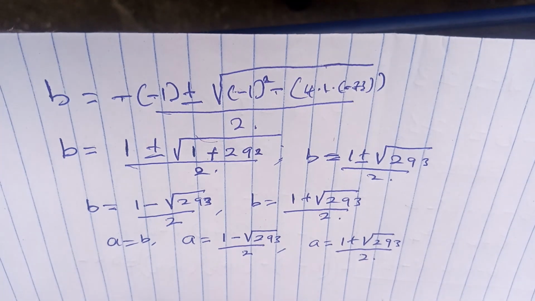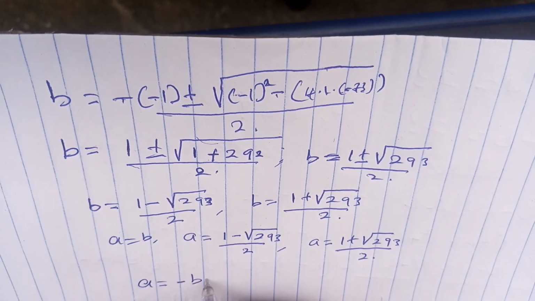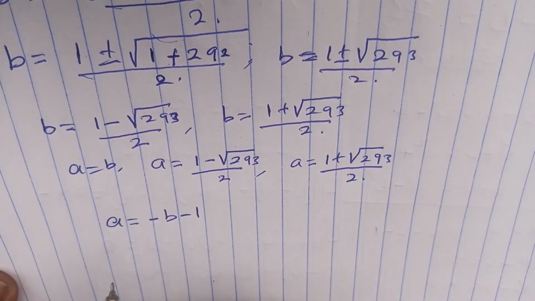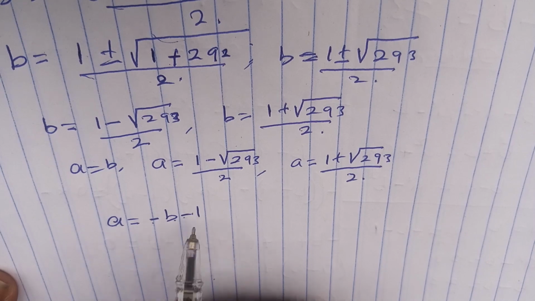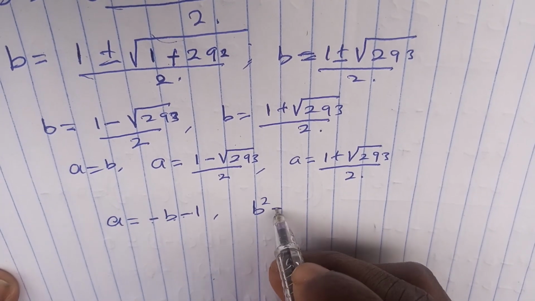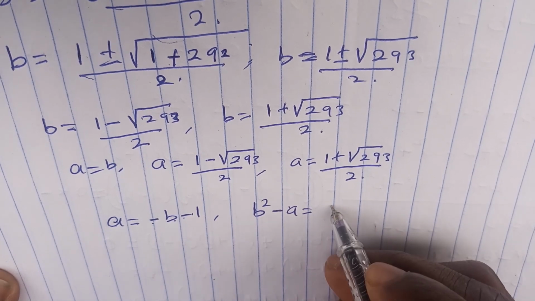So let's move on to the second case where we will say a is equals to minus b minus 1. Okay, we are now having this. A is equals to minus b minus 1. And recall, our other equation says we are having b square minus a is equals to 73, right?